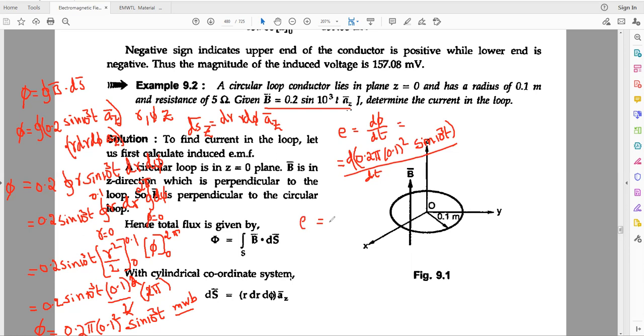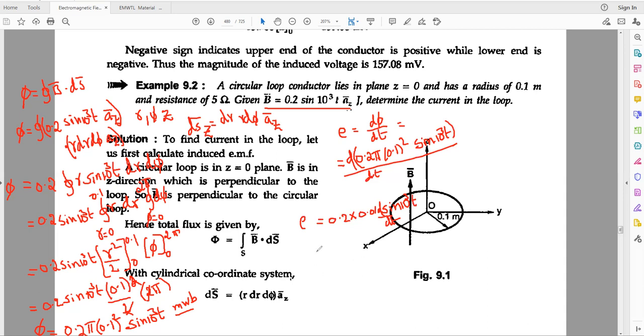So the E is equal to, we got 0.2 into 0.01 into sine 10 cube into t only. You can apply the derivative d by dt of sine 10 cube into t.